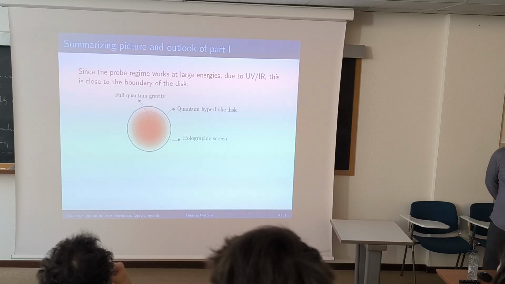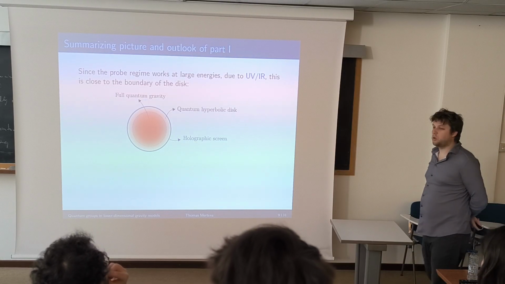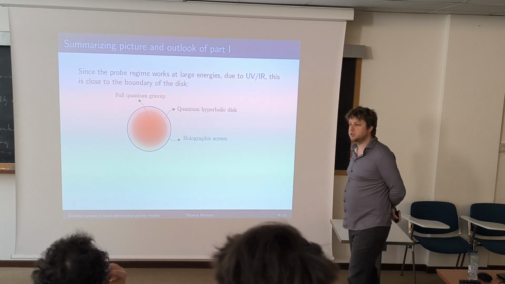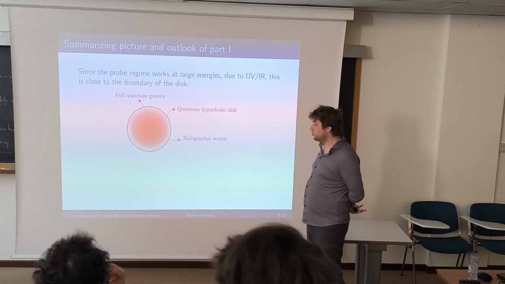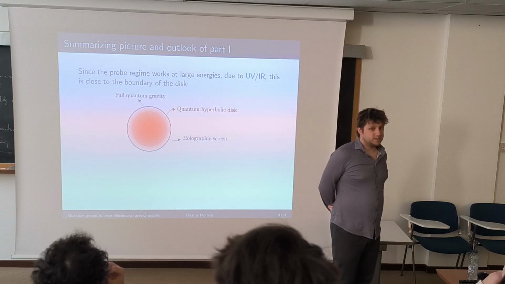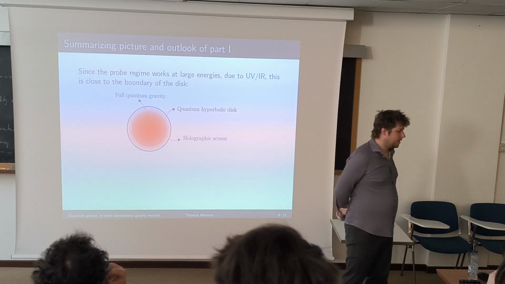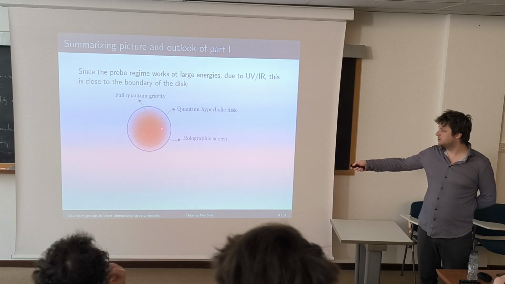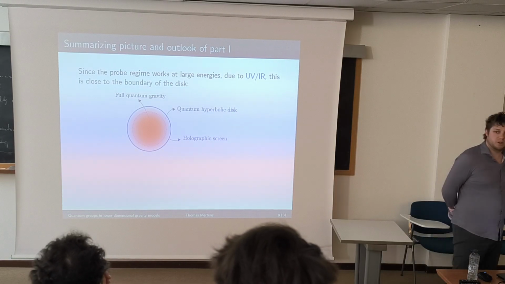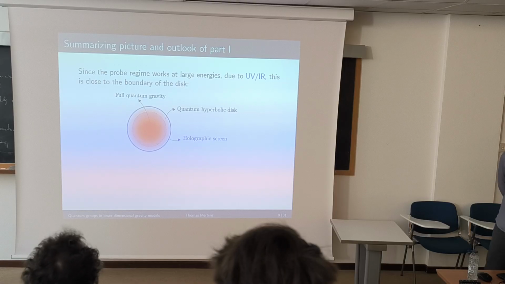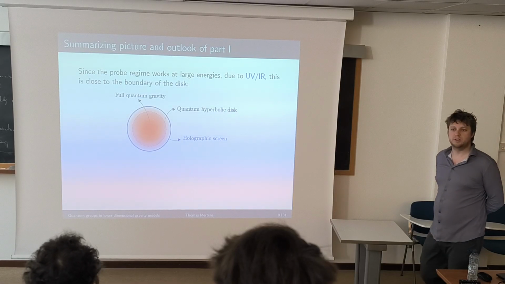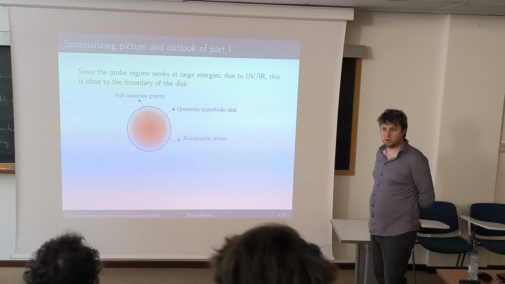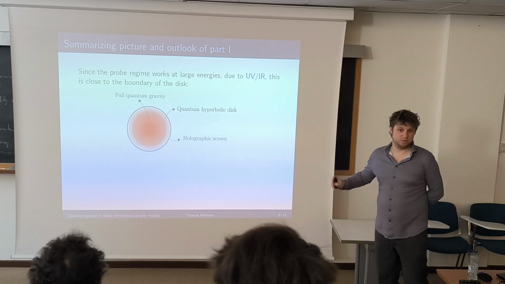That's where full quantum gravity seems to reduce to just this quantum hyperbolic disk. So this quantum hyperbolic disk answer, or this Q-deformed 2-point function, is still quantum, it's not classical, but it contains more or less none of the full quantum gravity effects, let's say, that are hidden deeper in the bulk. So the structure reduces to just a structure of Q-deformed SL2R. And that's the picture we were being led to.